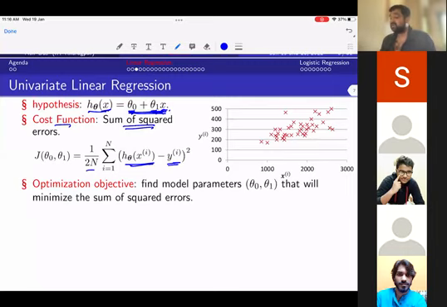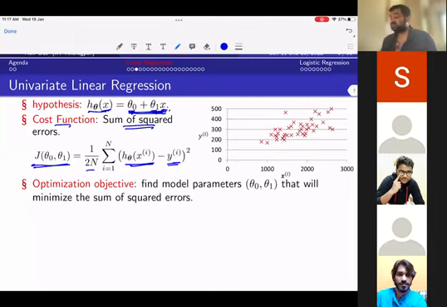This is in accordance with our previous notation of J. And this is a function of theta 0 and theta 1 because we want to find the minimizing value of theta 0 and theta 1.